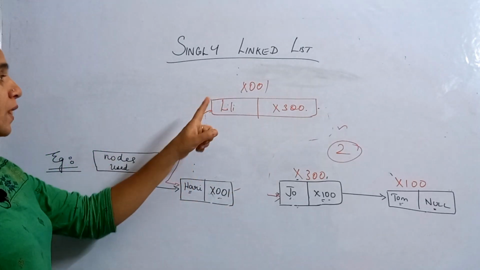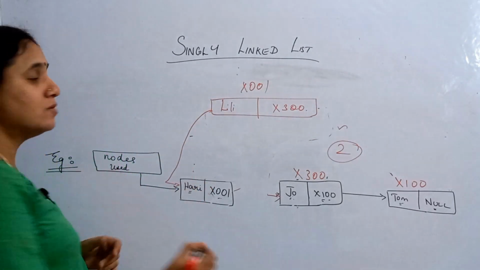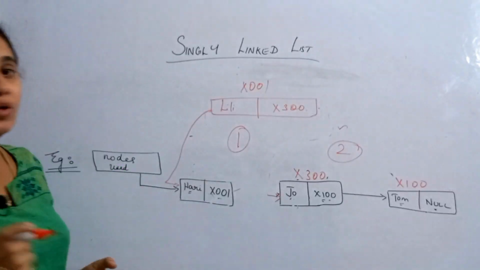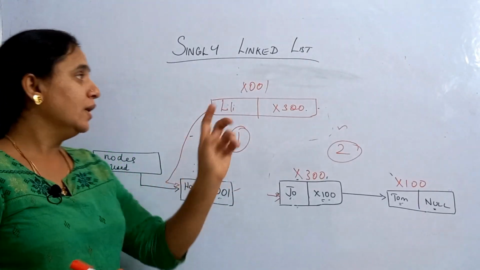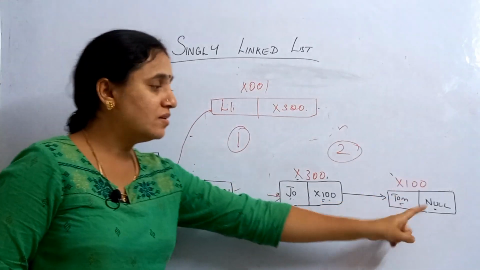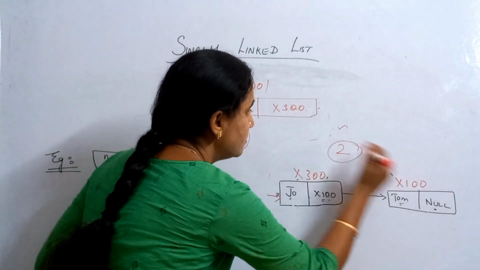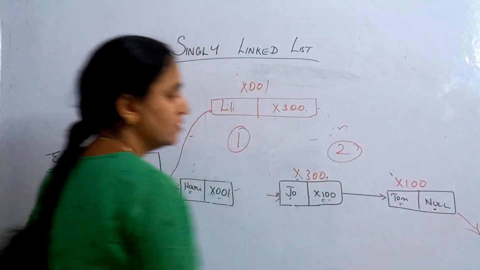So now, what will be the number of pointers needed for inserting in the front? It is 1. So insertion in the middle is 2. Insertion in the front is 1. Similarly, insertion at the last will be what? Same, it is 1. See, if you want to insert here, like this I will be inserting.